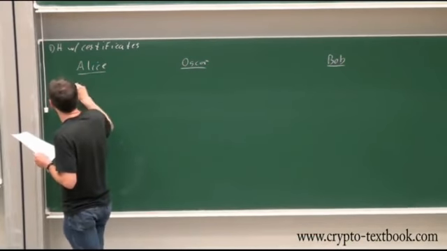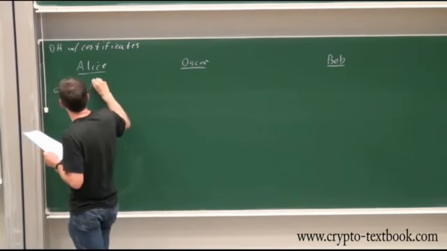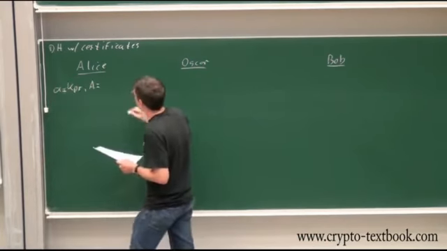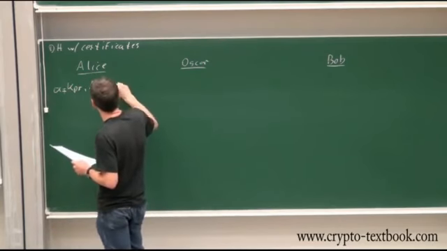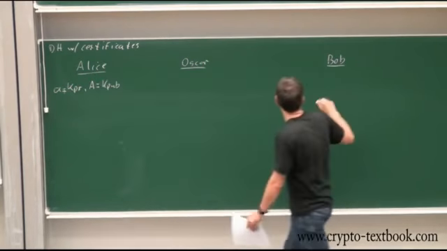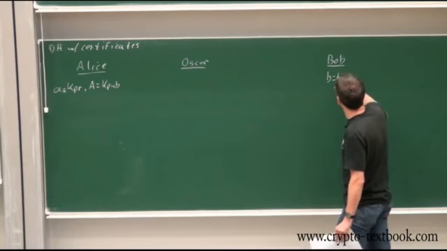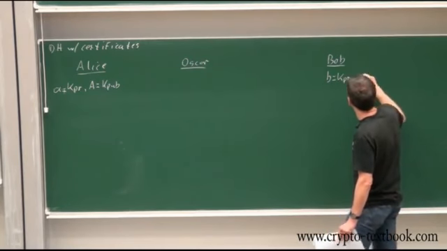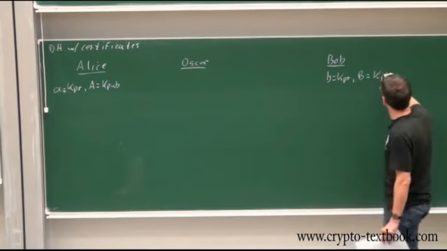Alice has lowercase a as her private key, and uppercase A is her public key. Bob also has lowercase b as his private key, and uppercase B is his public key.